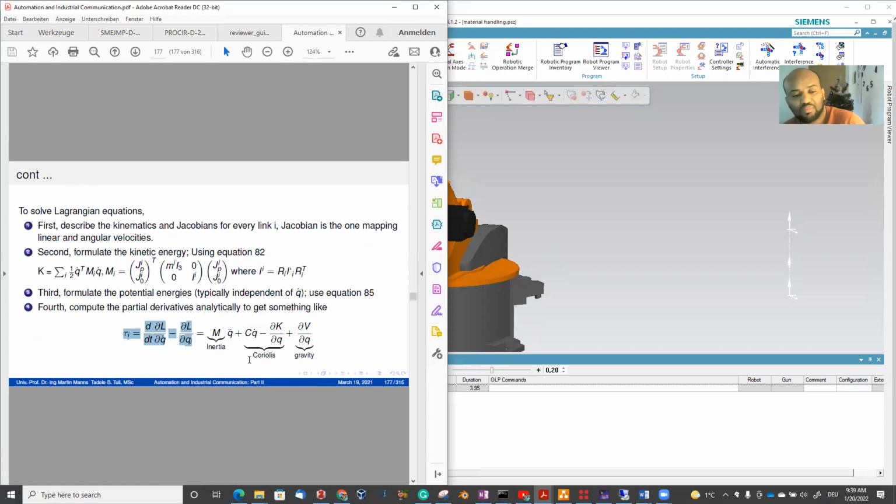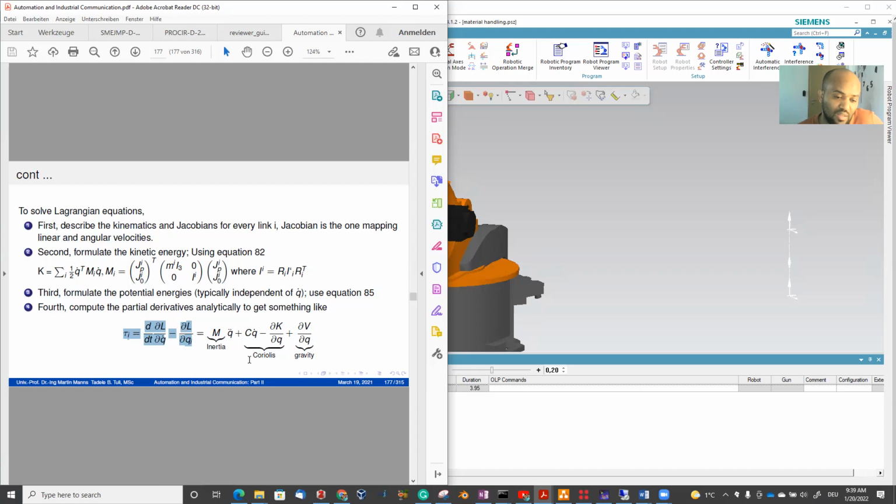So the question is, what is behind this equation? That is what is interesting. What is Lagrange? Lagrange is the difference of kinetic energy and potential energy. Q dot is velocity. Q is the joint variable, which is theta 1, theta 2, theta 3, theta 4, 5, 6.